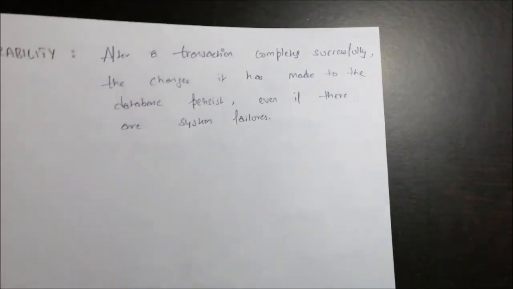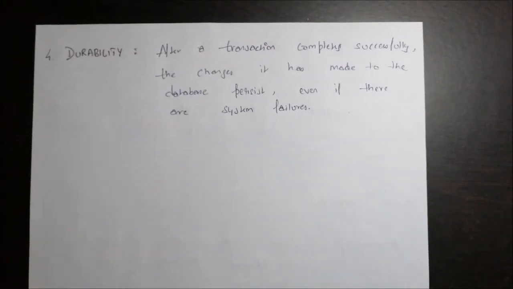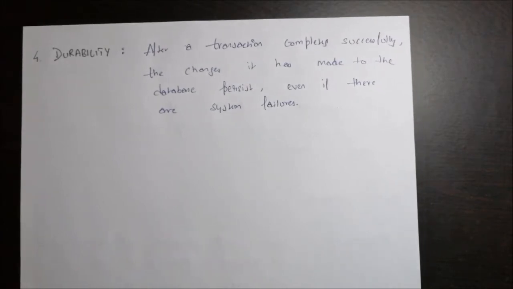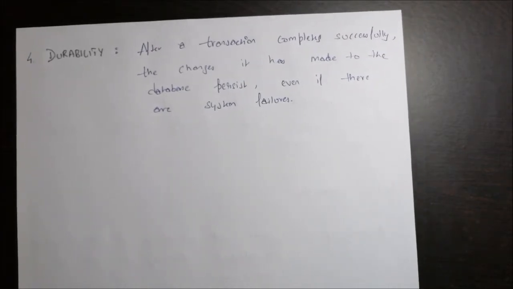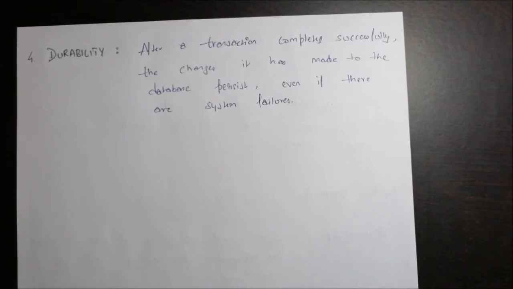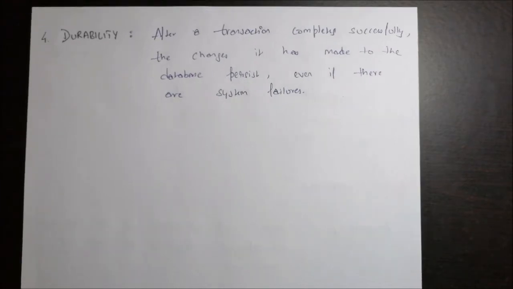And the last property is durability. Durability, as the name suggests, means that in any case, whether the transaction fails or does not fail, the properties of the database remain the same. The definition is: after the transaction completes successfully, the changes it has made to the database persist even if there is a system failure.